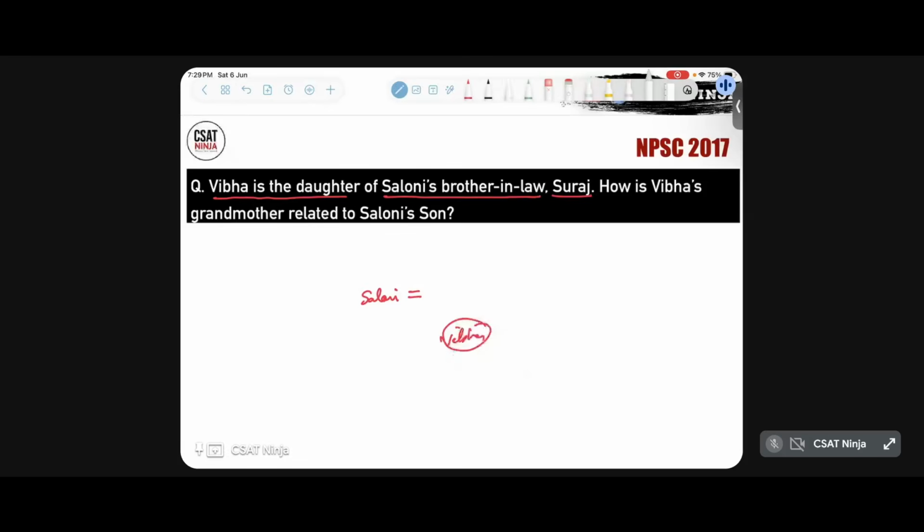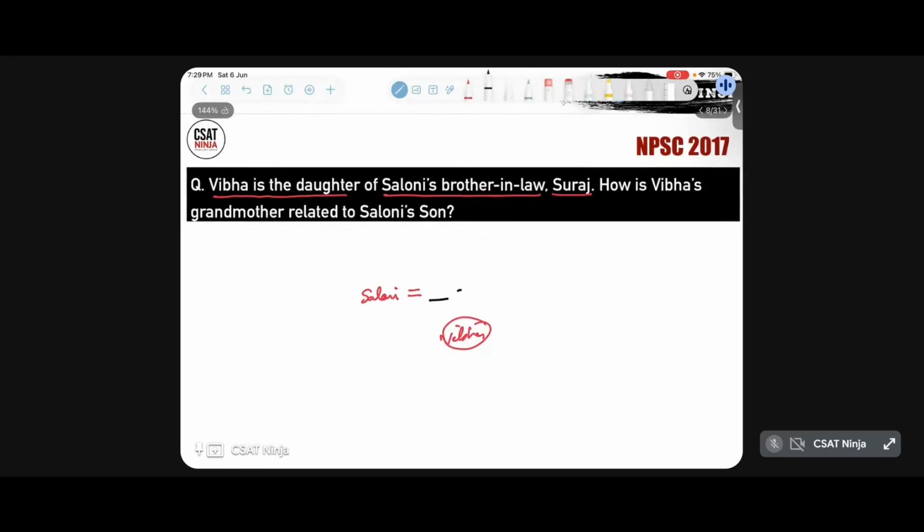But one thing I know is that Saloni is married to someone, and that brother is Suraj, and he has a daughter. Wiba is a daughter of Saloni's brother-in-law, Suraj.